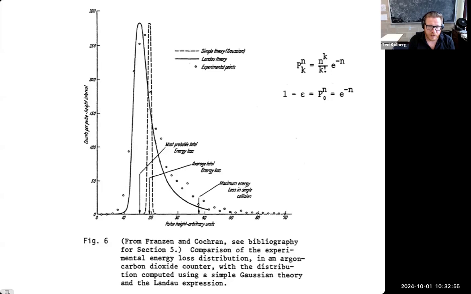Because the number of individual interactions is small, there are large fluctuations event to event, or particle to particle, in what the height of the pulse that you would expect to see in your proportional counter actually is. Or said another way, the energy loss in a given gas volume from particles of the same species and energy is rather broad.